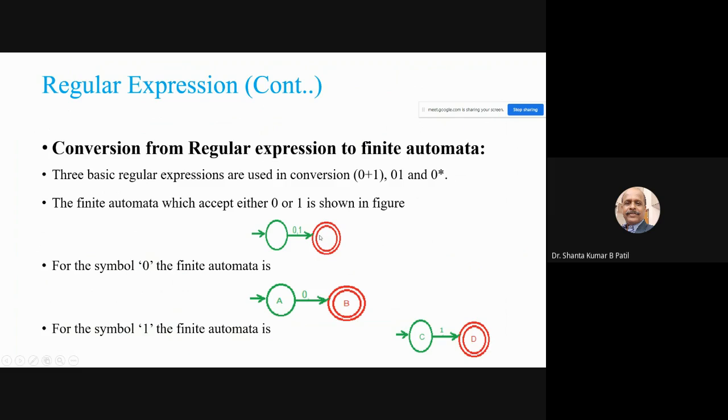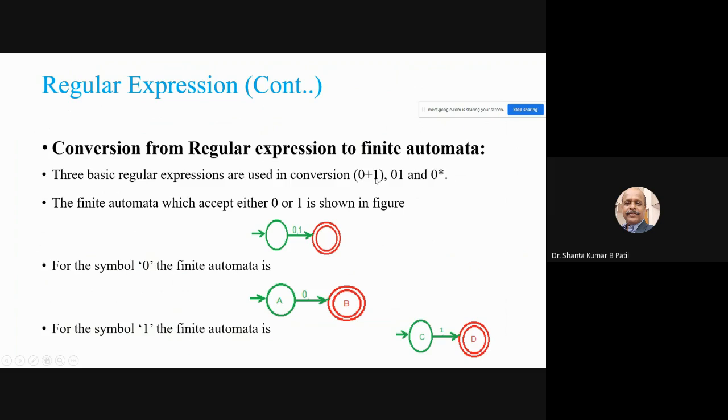But in the case of the regular expression, each symbol is a regular expression and each regular expression has its own finite automata. For example, in this expression we have two symbols, 0 and 1.